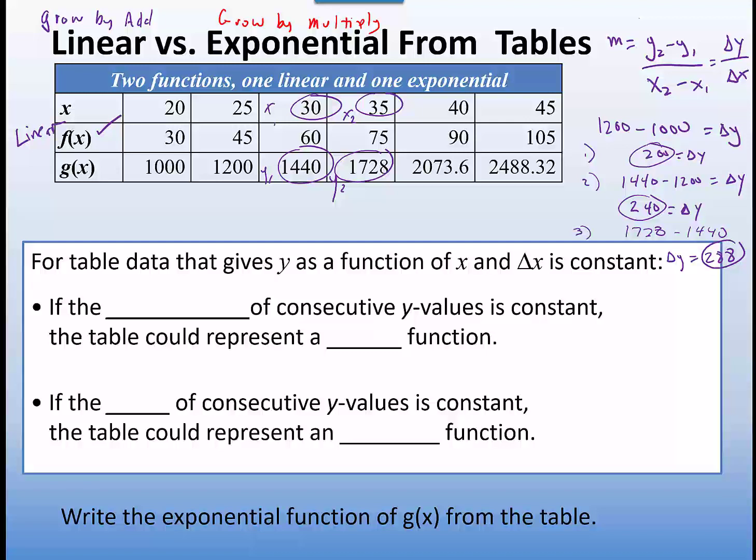So if I did the slope for all three of these pairs, since the change in y is different each time, the slope is not the same for the function g. So what we can conclude here, because we don't have the same slope for each pair of points, is that it is not linear.